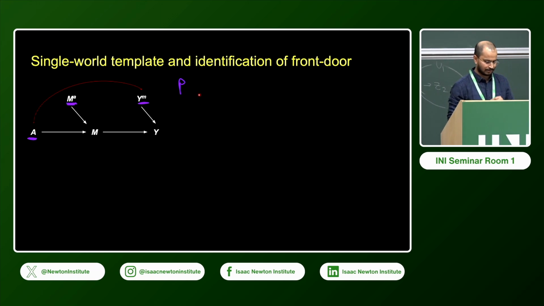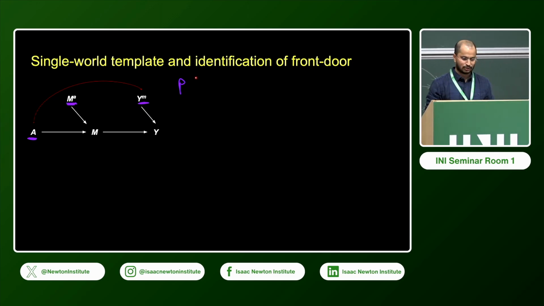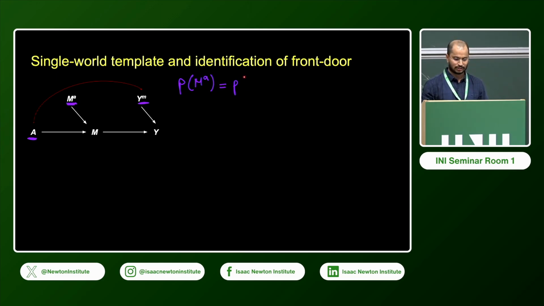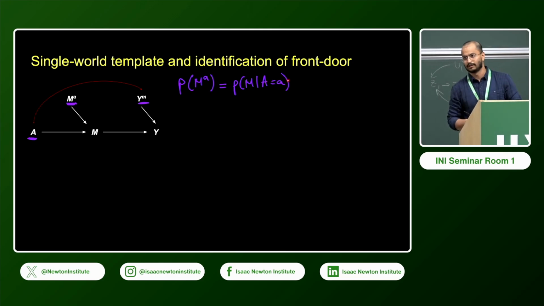The one step ahead here. Okay, so P of MA: from the graph, I can read off that MA is independent of A. And so this is just P of M given A is equal to A, by independence and consistency. So that's done.